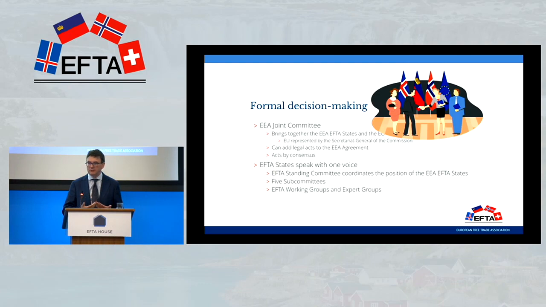The EEA Joint Committee brings together the EFTA states and the EU. The EU is represented by the General Secretariat of the Commission. And like I mentioned, under Article 98 of the agreement, it is empowered to adopt decisions, thereby including new legal acts into the agreement.